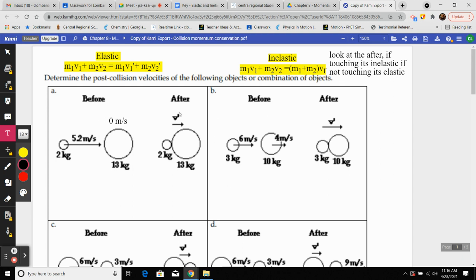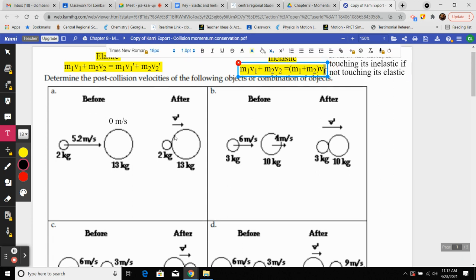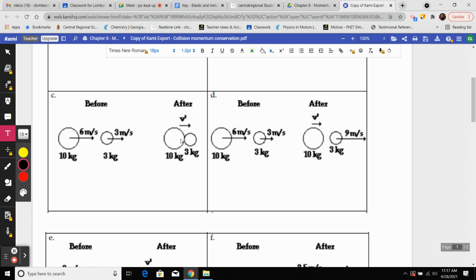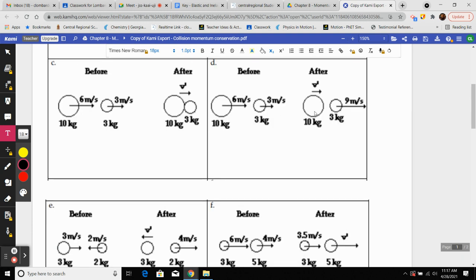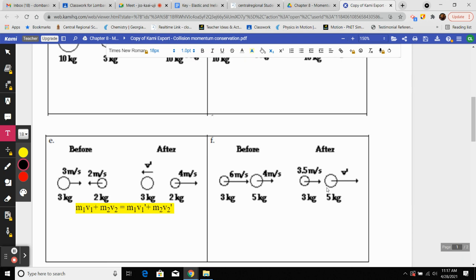We've solved for v prime before. In these equations, v prime is just your after collision velocity. In this case, it's VF. So you're inelastic because they're in contact after. After collision, they're in contact, so it's inelastic. This one over here, inelastic. And then we have elastic, elastic, and elastic.